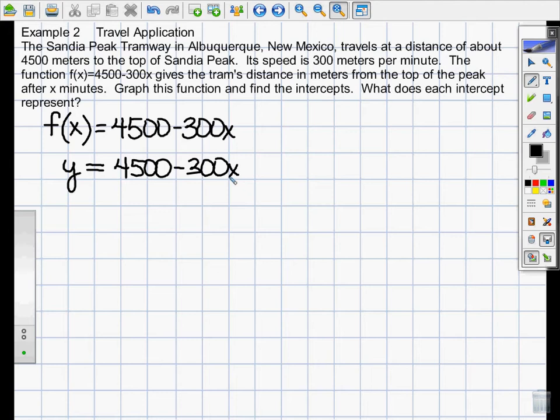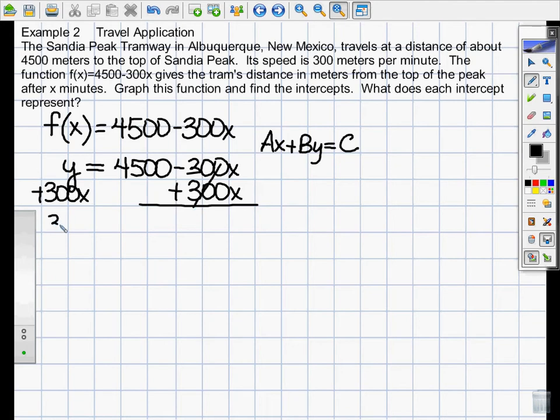Now remember, standard form is ax plus by equals c, and we want x and y on the same side. Well, right now they're not. So I'm going to move the x term, the 300x, I'm going to add 300x to each side. So they're going to cancel here on the right. That's what I was hoping to do. And then I'll end up with the equation 300x plus y equals 4,500.